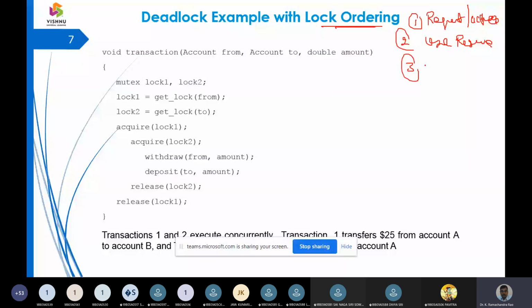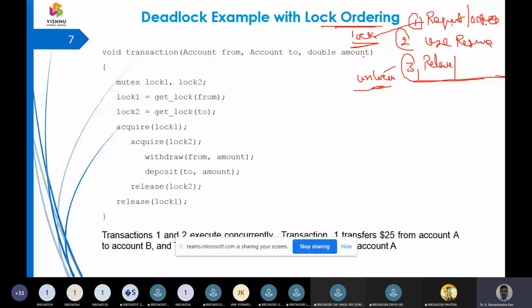Or we call it request followed by acquire. The second operation is using of a resource, and the third operation is releasing of a resource. The request operation we call lock, and the releasing operation we call the unlock operation.